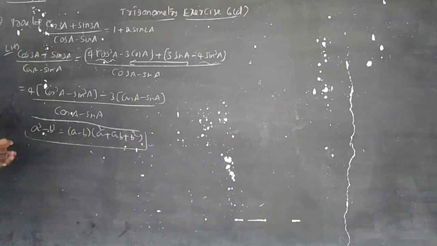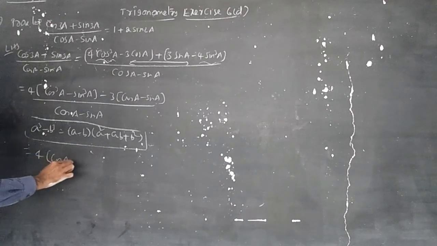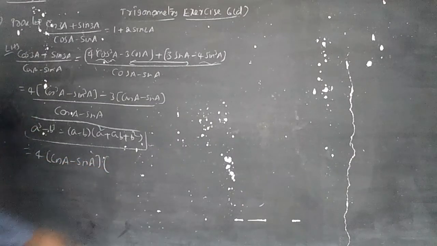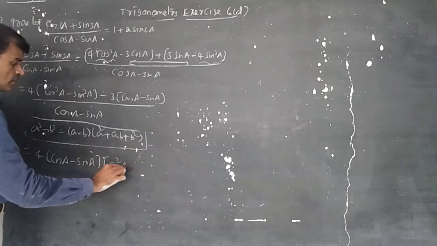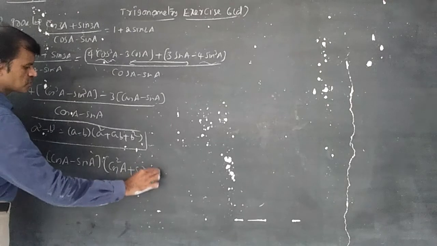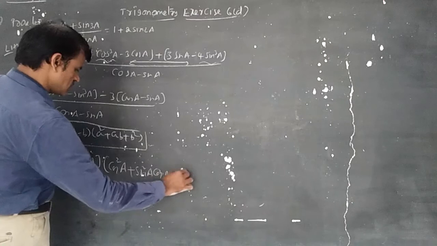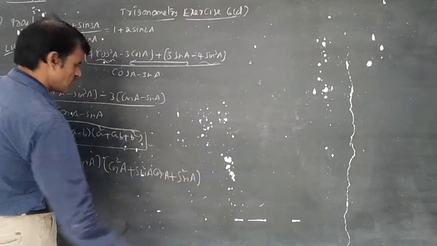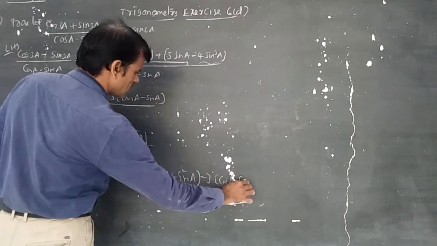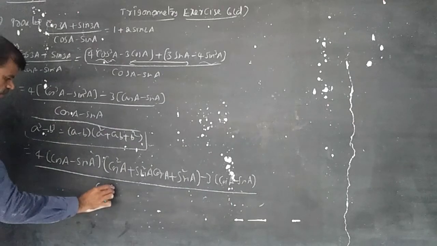That implies 4 into cos cube a minus sin cube a as 4 into cos a minus sin a into cos square a plus sin a cos a plus sin square a, minus 3 into cos a minus sin a, whole by cos a minus sin a.